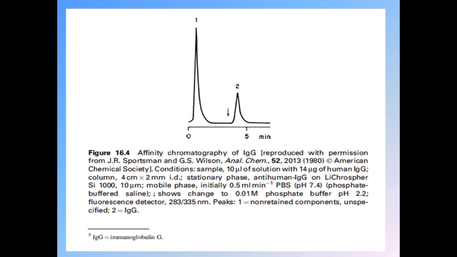Peaks: the first peak is non-retained components, and the second peak is unspecified immunoglobulin G.